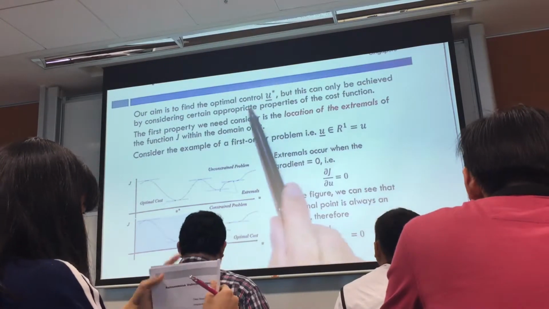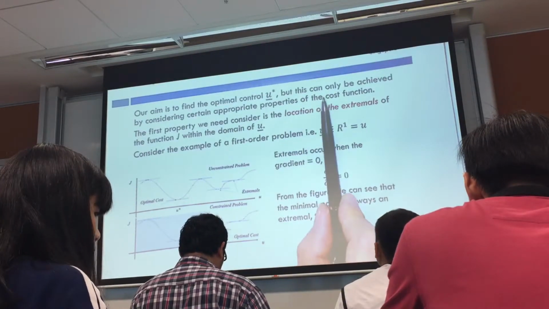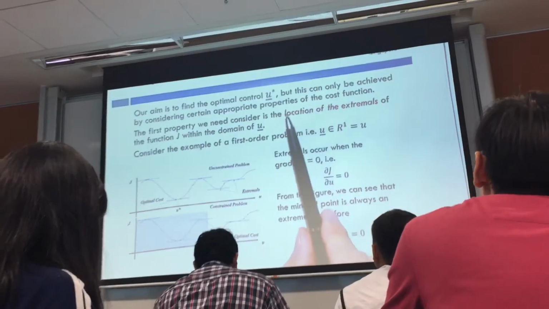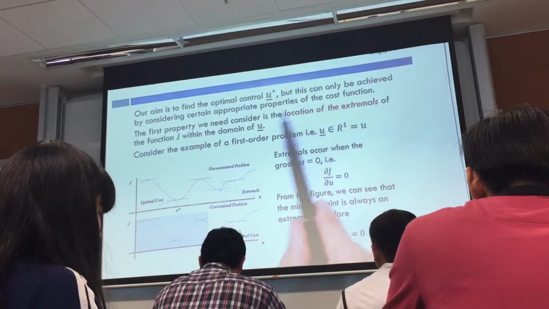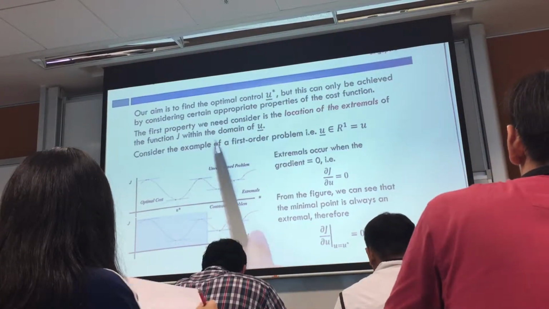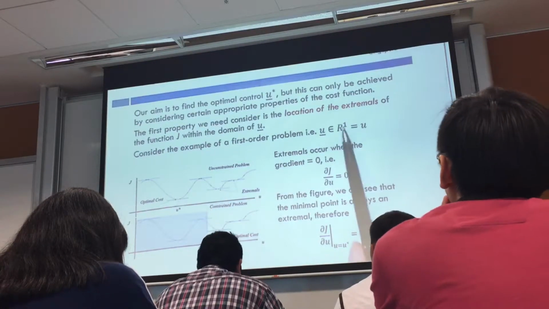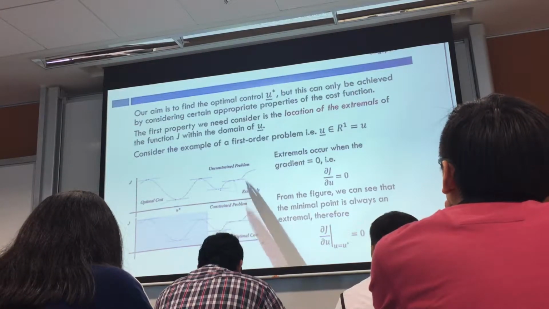But now we don't want to solve a particular optimization problem. It's important to find the properties of the optimal control. The first property is related to the location of the solutions.